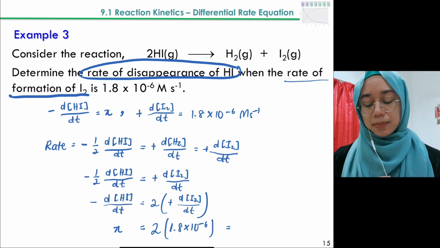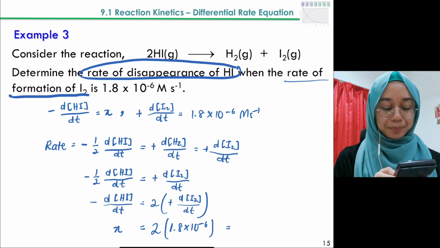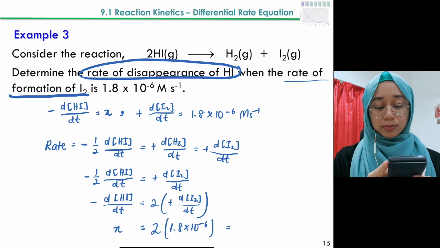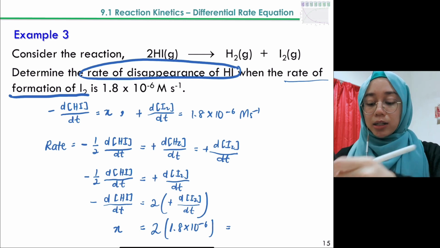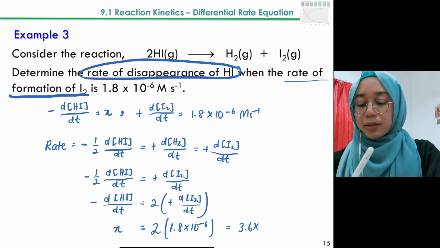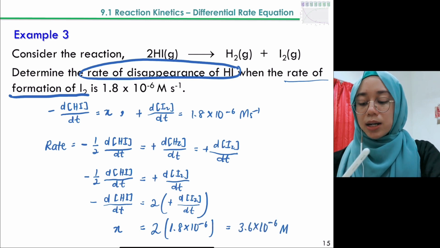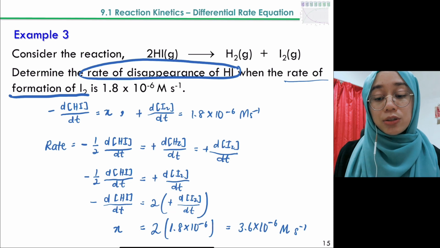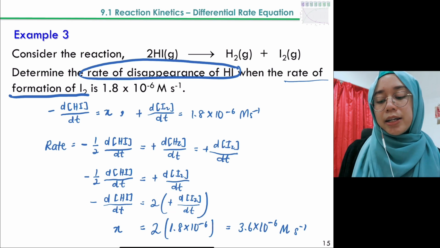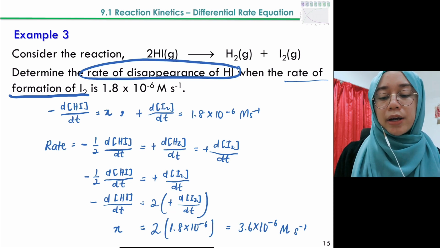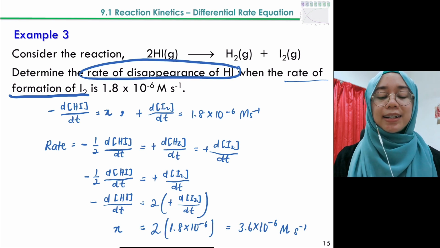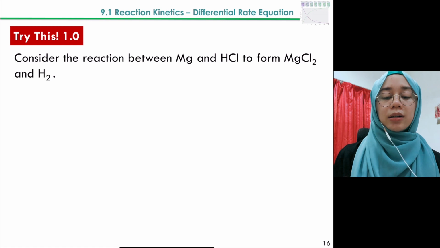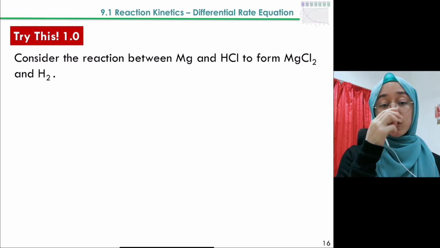Therefore, kamu akan dapat, gunalah calculator, 3.6 exponent negative 6 molar per second. So, make sure unit betul juga. Okay, therefore dapatlah your rate of disappearance untuk HI ni bersamaan dengan yang ni. So, very simple kan? Okay, so now it's your turn untuk try.